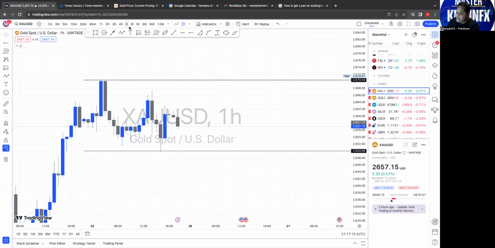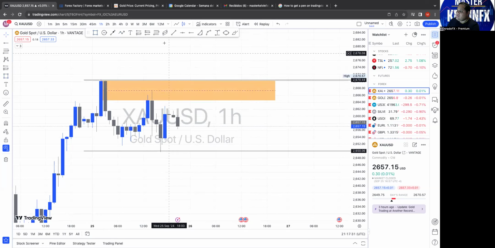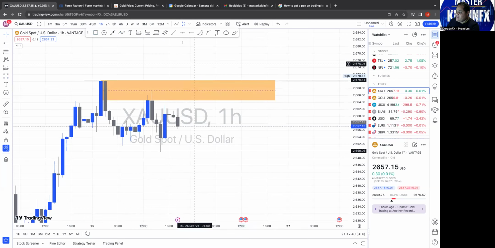Now that we have that, gold has been trading in consolidation today. So we're going to have our zone to tackle, which is from the top area to the previous one that couldn't get to the top side or take the ceiling. So the ceiling is still intact today.